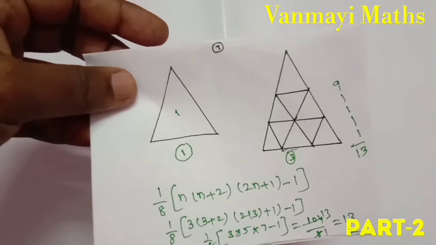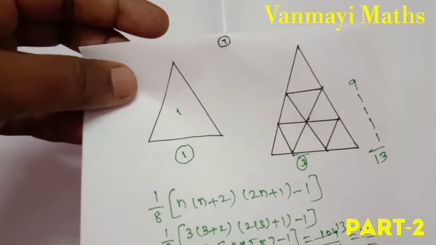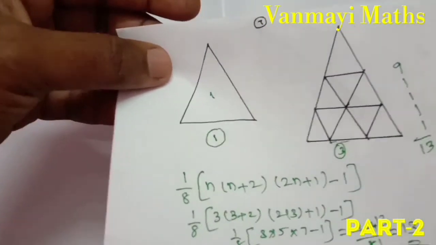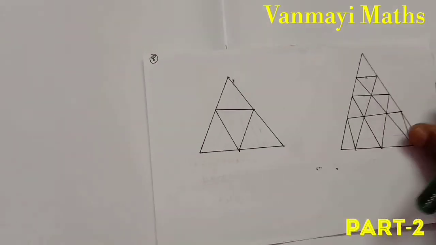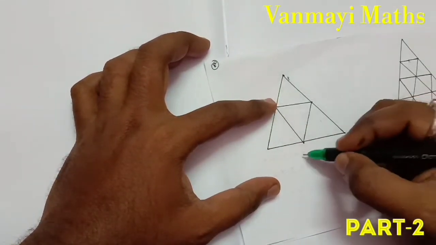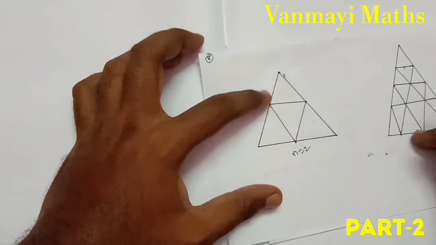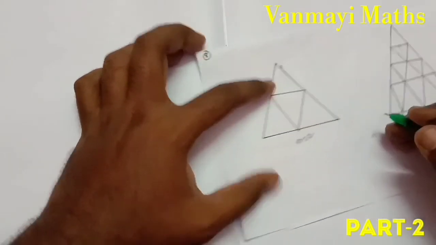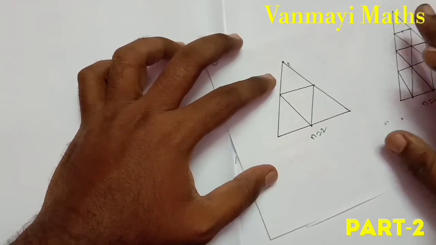Now if n is an even number, in the first figure, 2 steps are there. Here 4 steps are there. So n is 2 and n is 4, so these are even numbers.